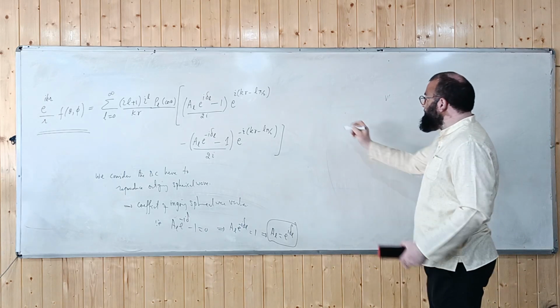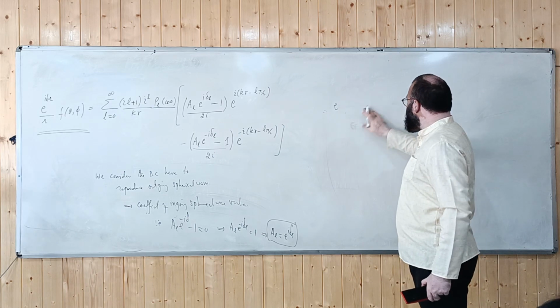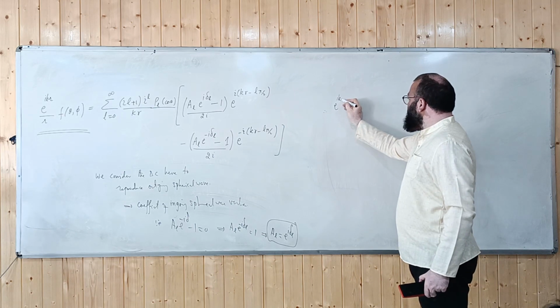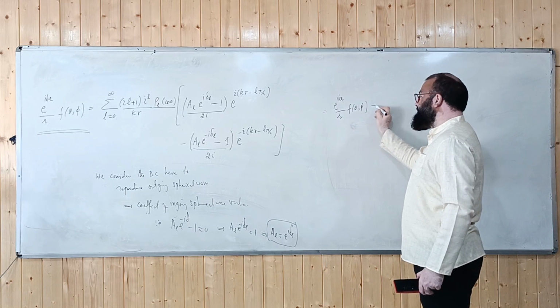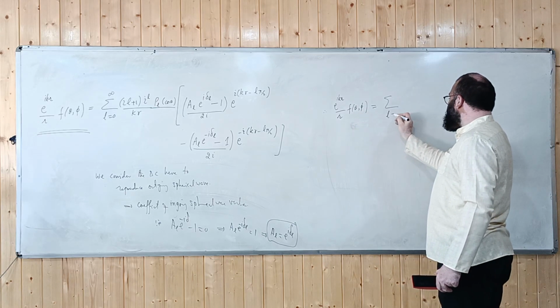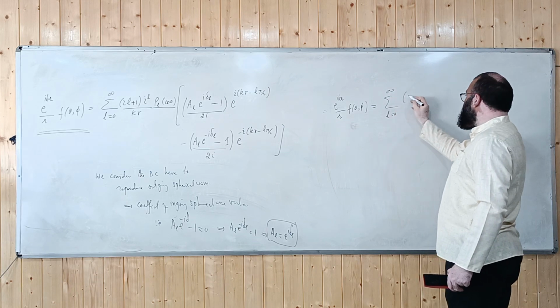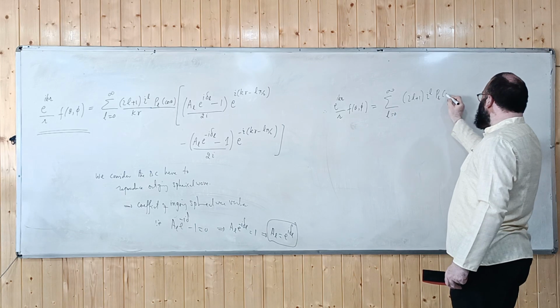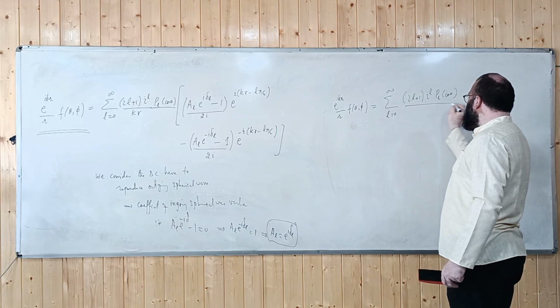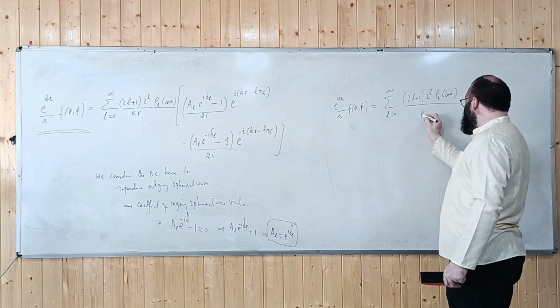Okay, so therefore I am having e^{ikr} by r, f of theta phi, is equal to the summation over L equal to 0 to infinity of (2L+1) i^L P_L cosine of theta, and there is this kr.